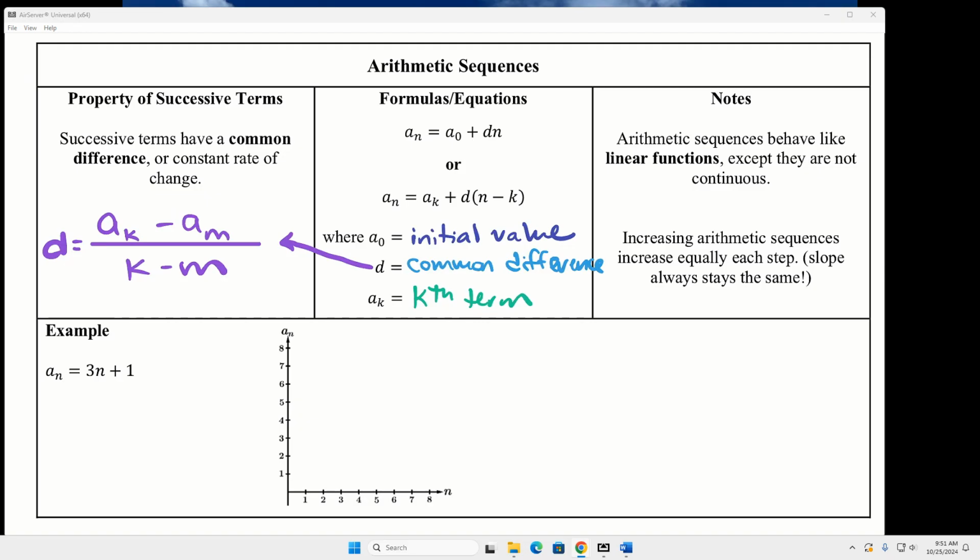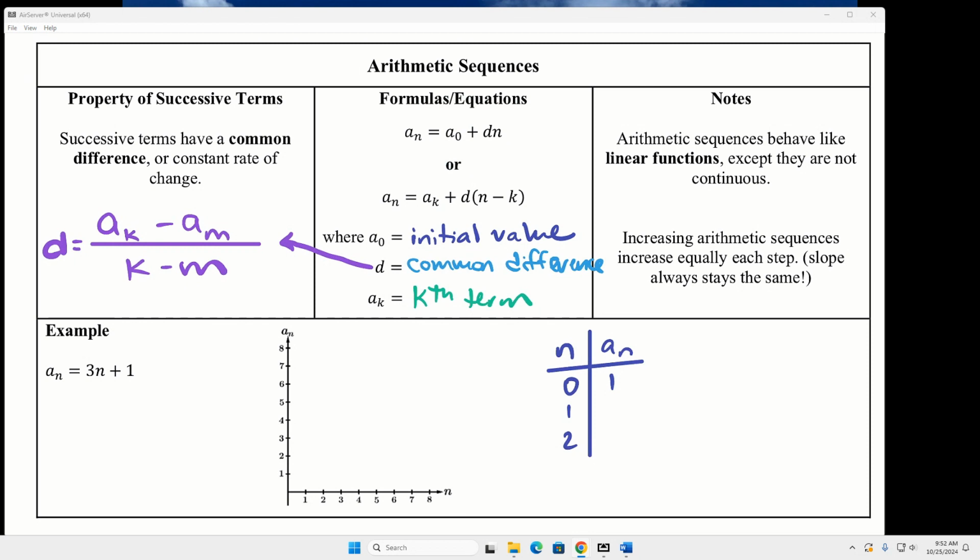All right. On this first example, we're just going to find a few terms of the sequence and do a little graph. Because I'm only going up to 8 on this vertical axis, we're only going to be able to plug in 0, 1, and 2. When I plug in 0, it's just going to be 1.